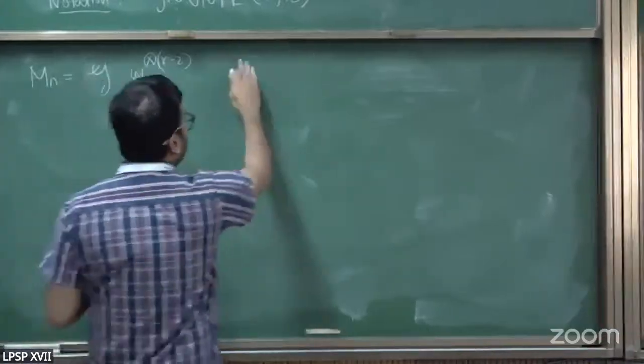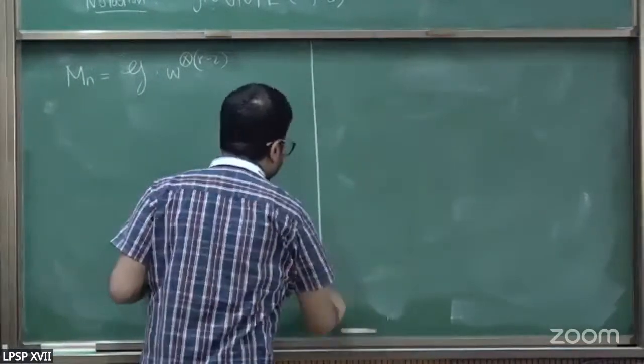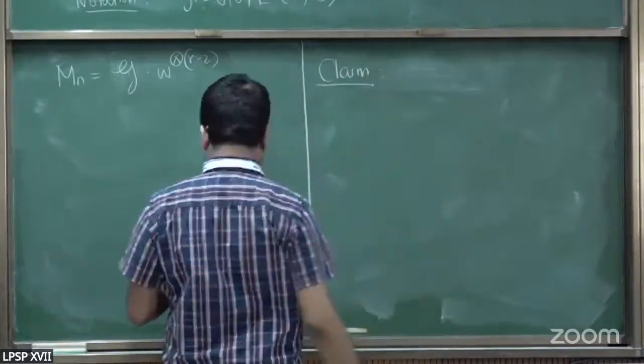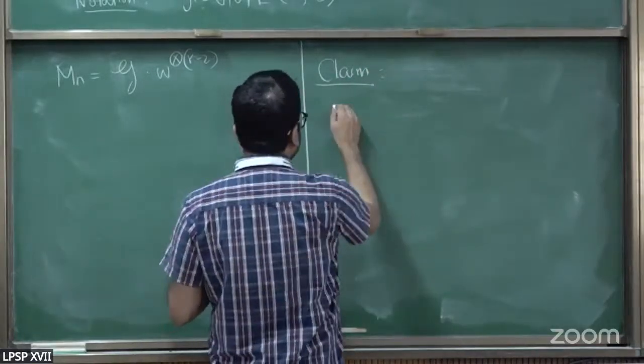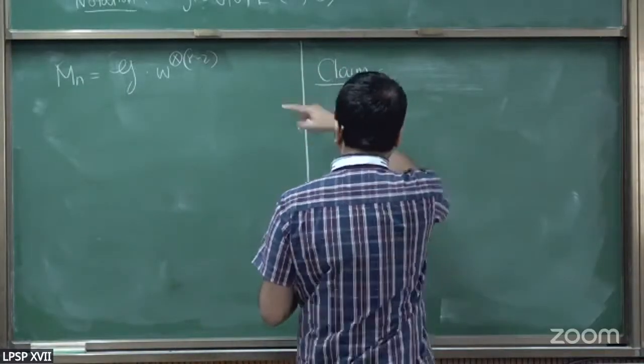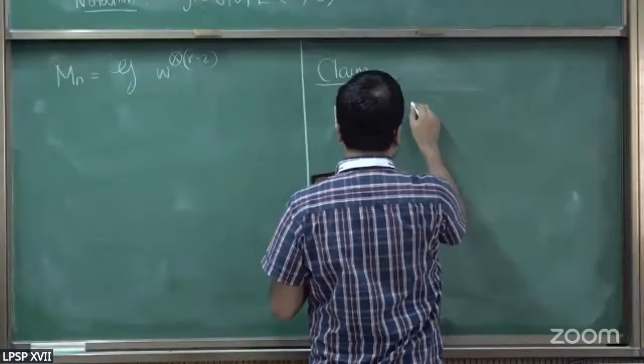The claim is that I can write Mn, equal in distribution, with this ansatz, which explains the covariance structure.